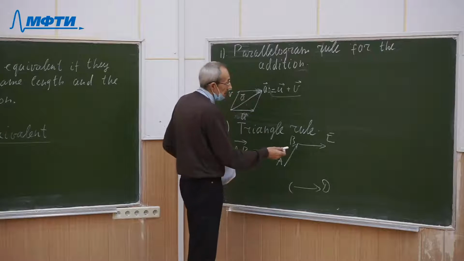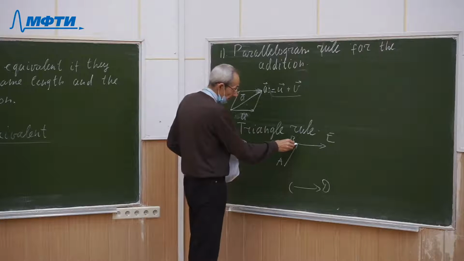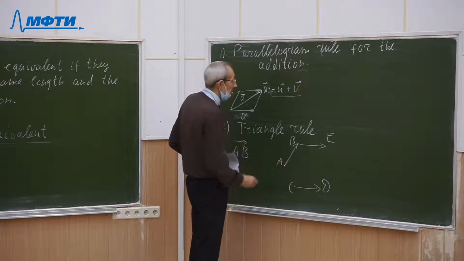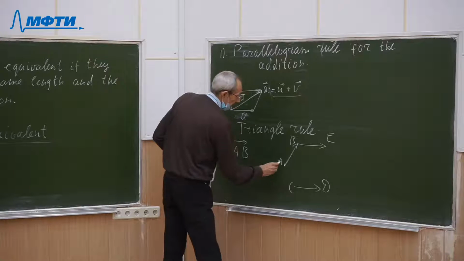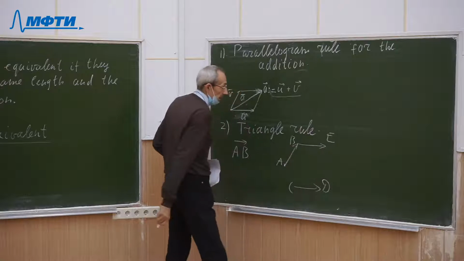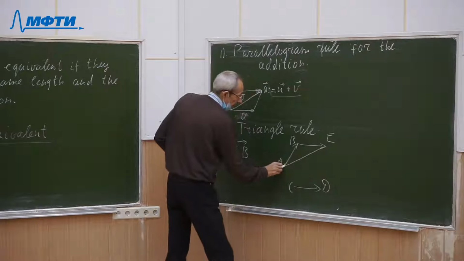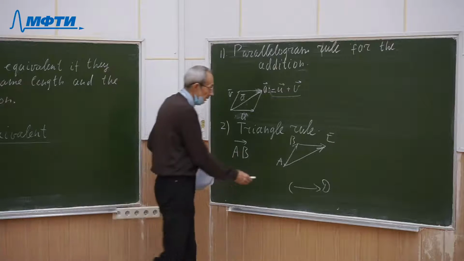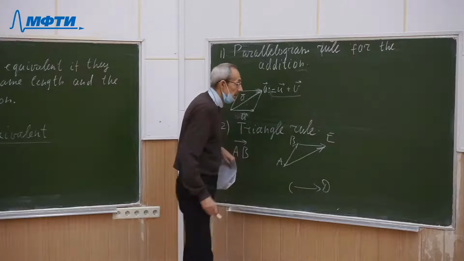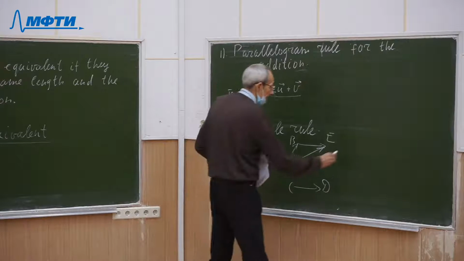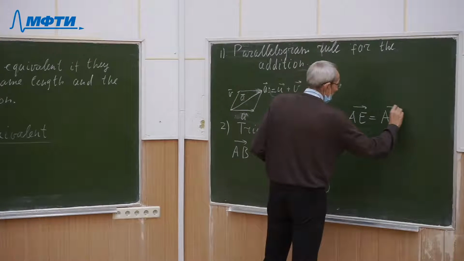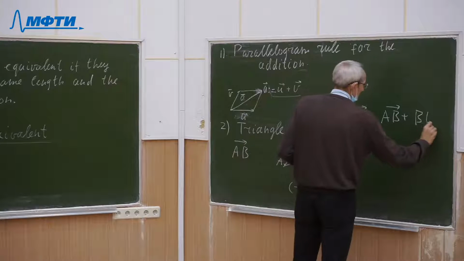BE is a vector with initial point which coincides with the endpoint of vector AB, and the vector with initial point A and endpoint E, the vector AE, is the sum of vectors AB and CD by definition. AE is the sum of AB and BE.